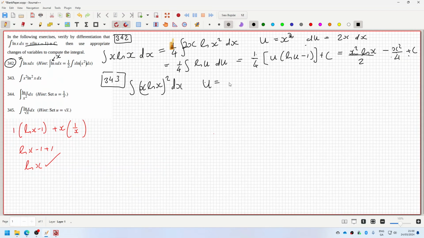So here we say u equals x cubed. So that means du equals 3x squared dx. So 1/3 du equals x squared dx. So this becomes 1/3, because the x squared dx gets replaced by du. So that's log x squared du. And that would be 1/3 integrate.